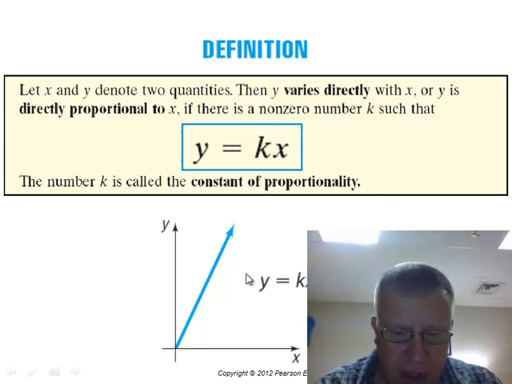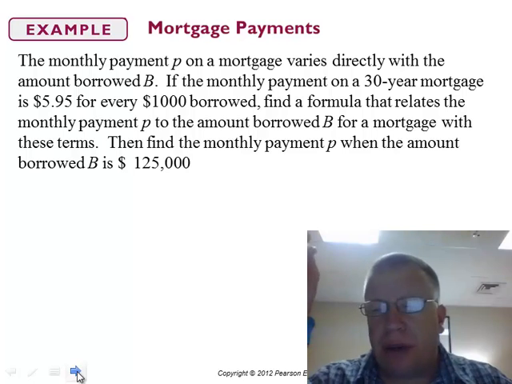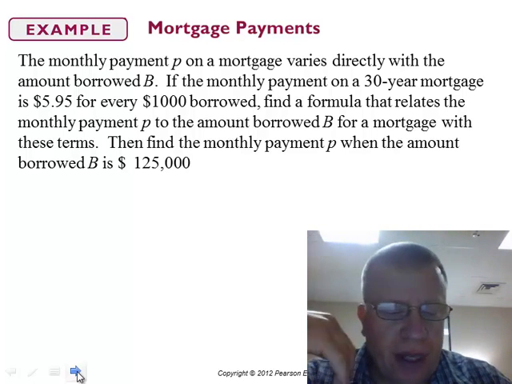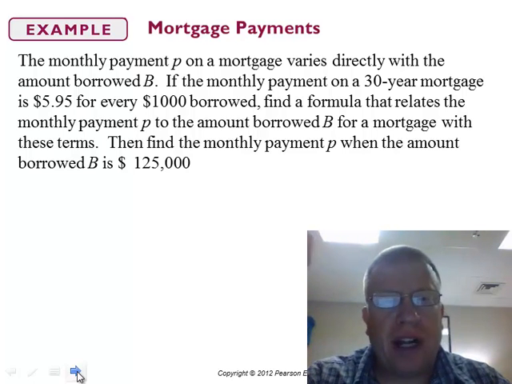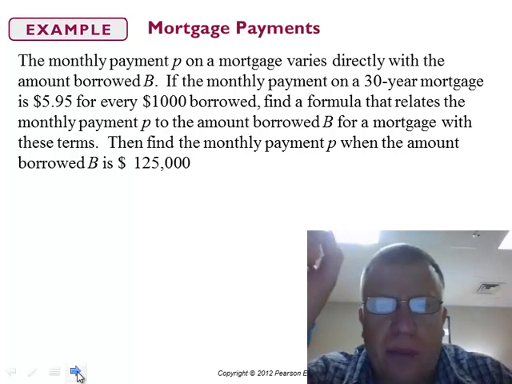But for most of the problems that you'll do, if not all, involving direct proportionality or direct variation, k, your constant of proportionality, will be positive. So let's take a look at a quick example, and I think this example is in your textbook.